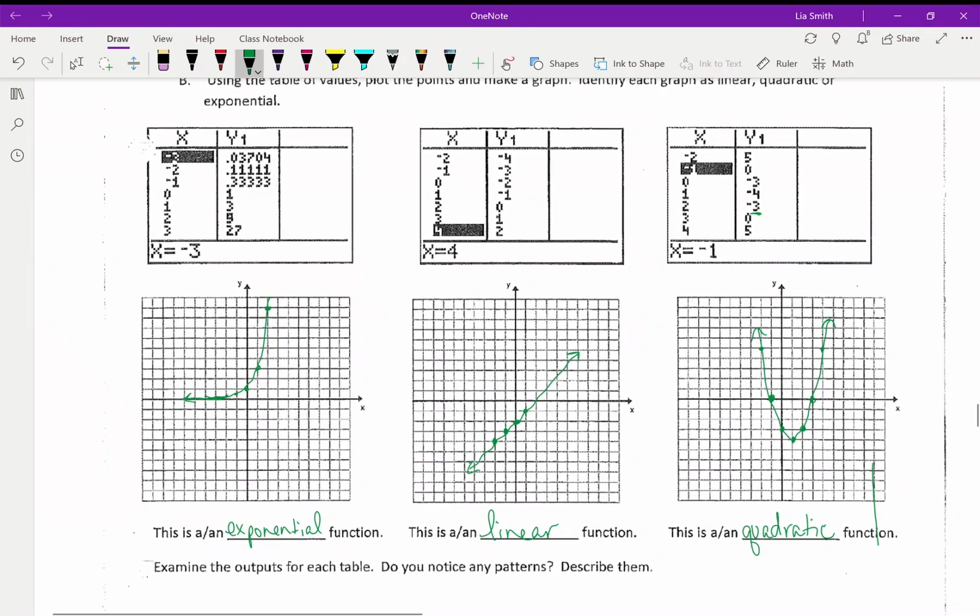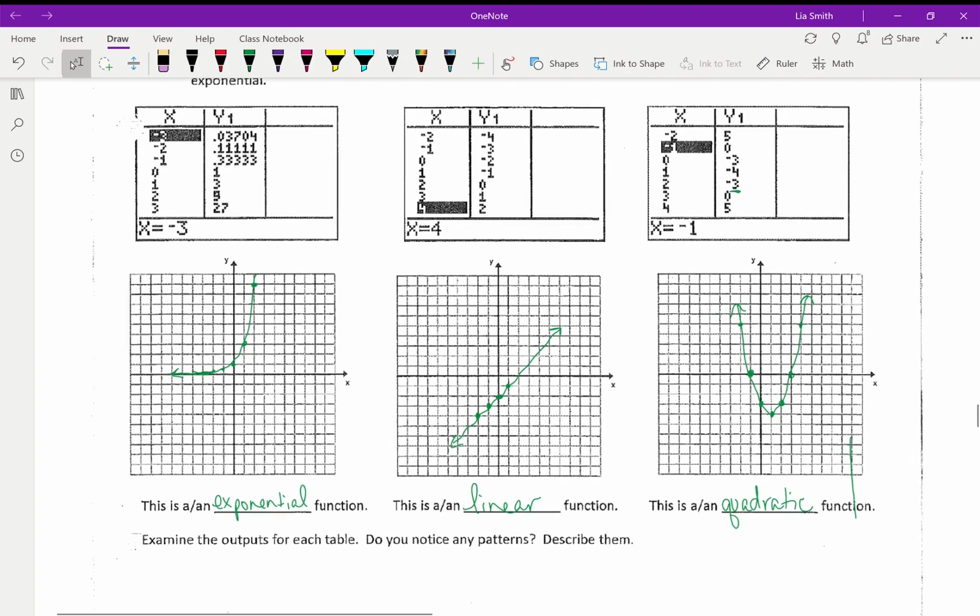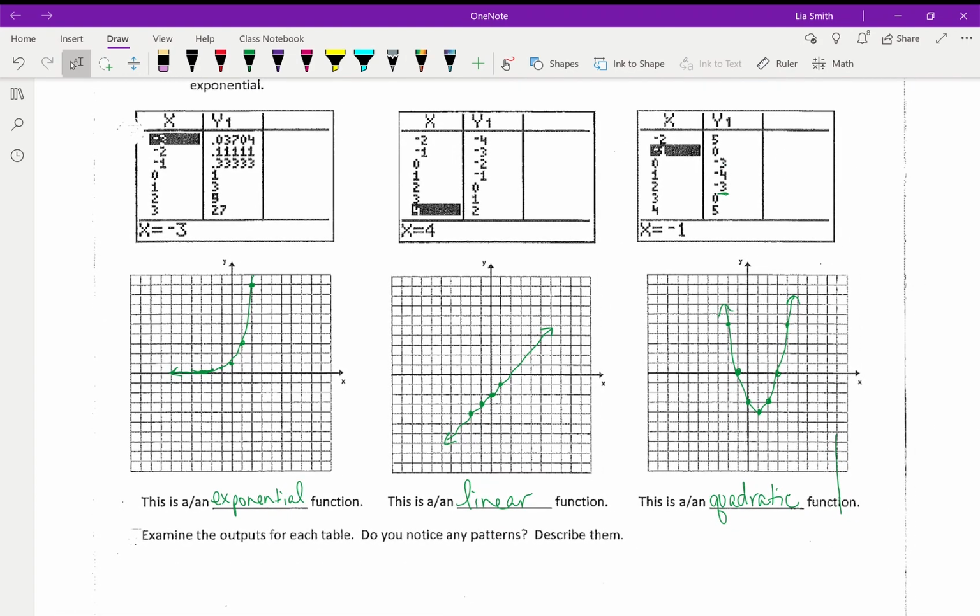Okay, so that's one way to tell. If you are given a table, you can always graph it and see what your image is going to look like. The other way to determine whether it's exponential, linear, or quadratic is to examine the outputs of the table. One of the reasons why I had you watch that opening video is I thought they did an awesome job of comparing the outputs to find the patterns.